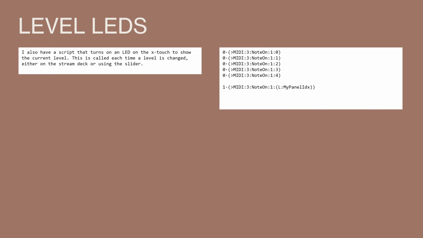If I'm on level 4, it'll light up the appropriate one. Now I don't run that constantly in the background. I only use this script when I change a level. So if I change level, using either the Stream Deck or the slider, I call that script to update the display.